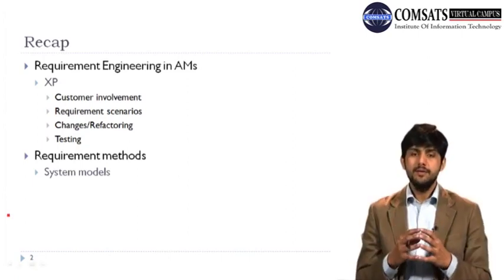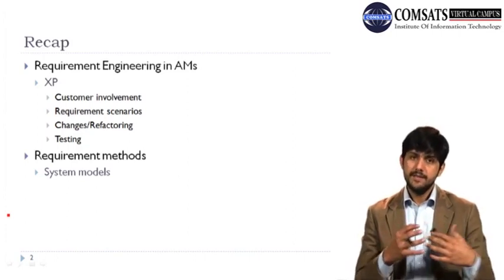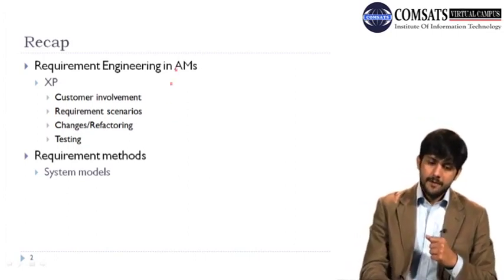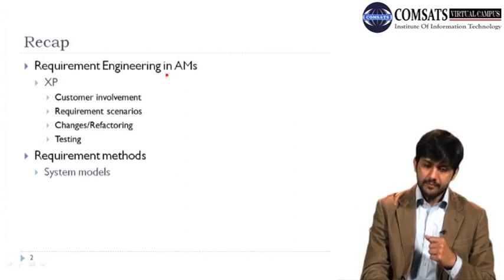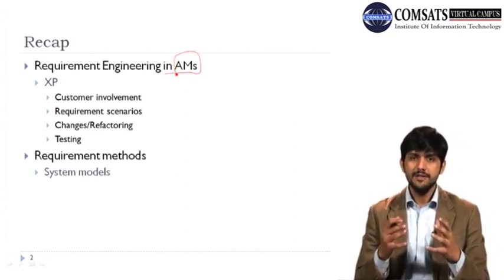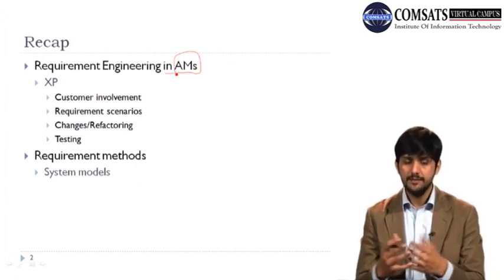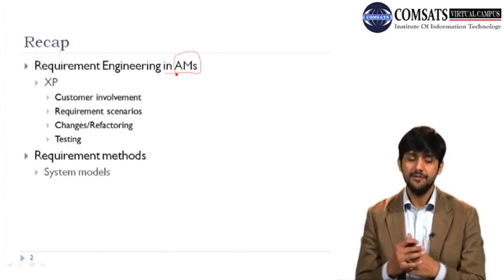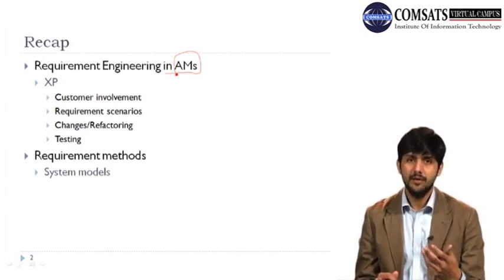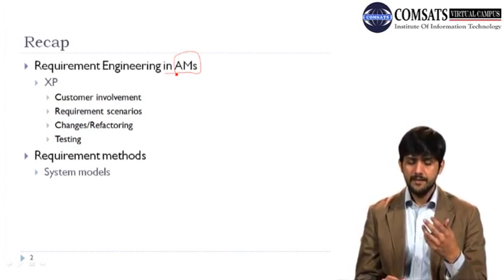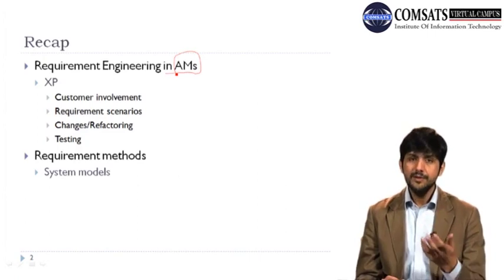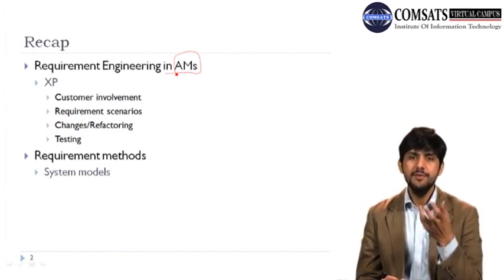So why is it important to look at these agile methods separately? The reason is that a large number of companies, specifically in terms of Pakistan or our local software industry, are following these agile methodologies, although they are not following them in their true essence.